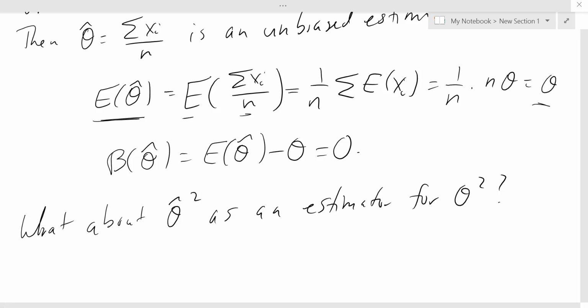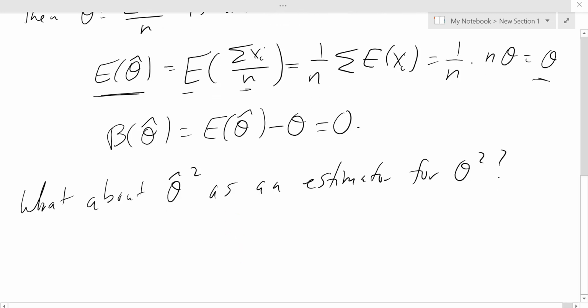So if I wanted the expected value of theta hat squared, I probably have to work a little bit harder at this one, because I don't think I necessarily want to square this thing and try to do it that way, right?